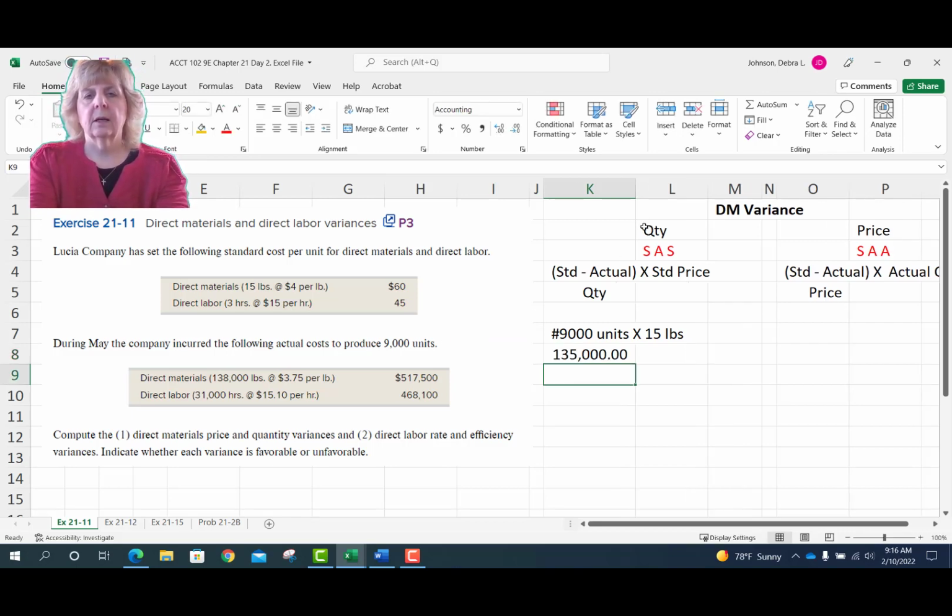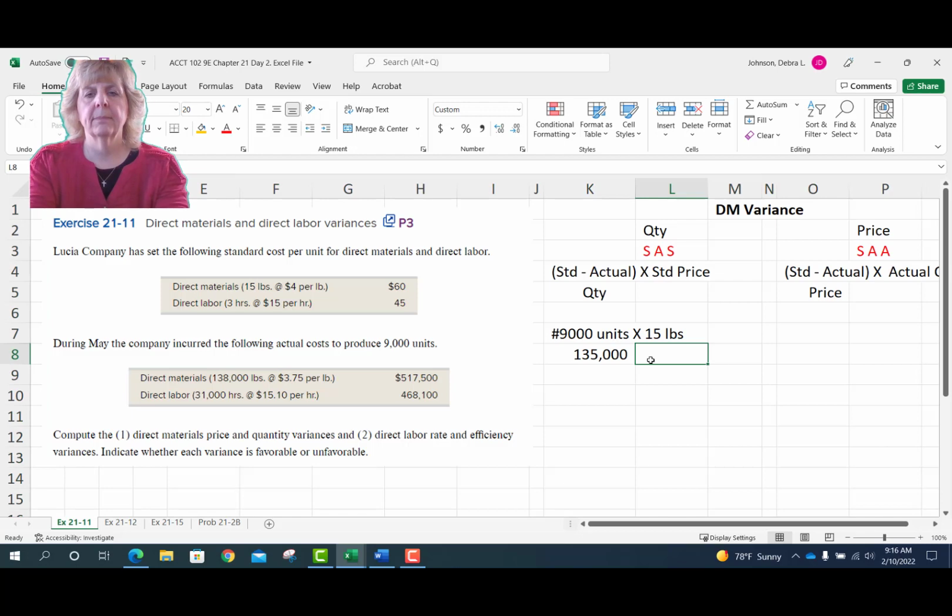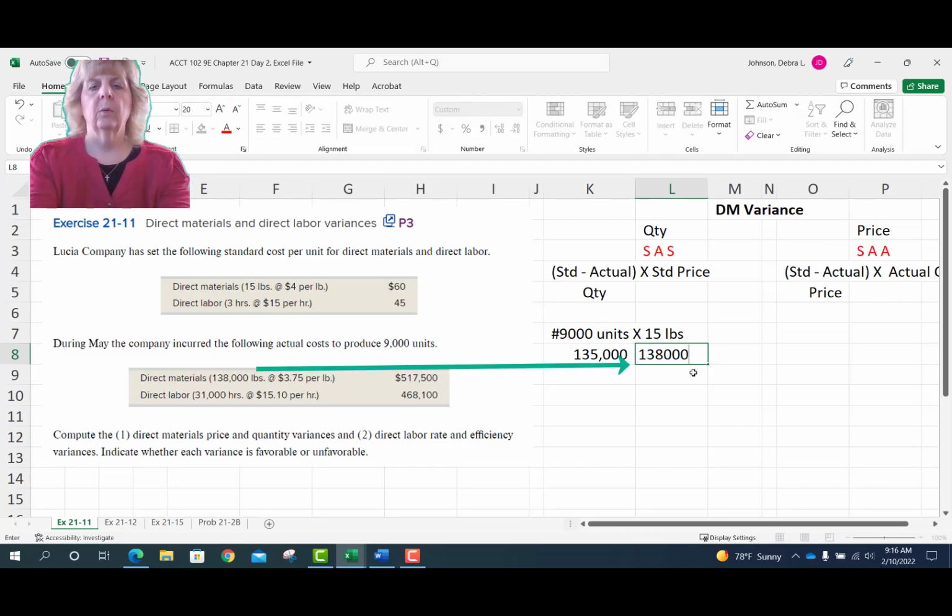In this case, I got 135,000. I don't think we need decimal places on this problem, so let me get rid of the decimals to make the presentation a little bit easier to read. The actual pounds is 138,000 pounds. I would encourage you to stop right there.